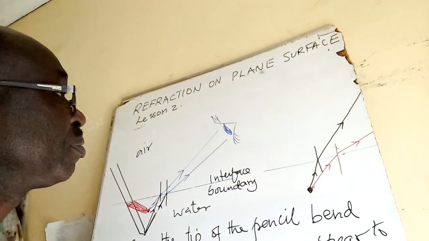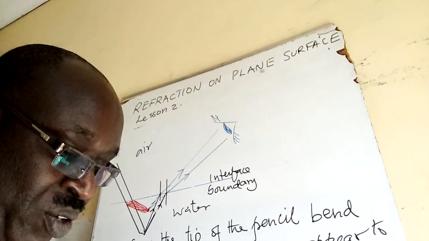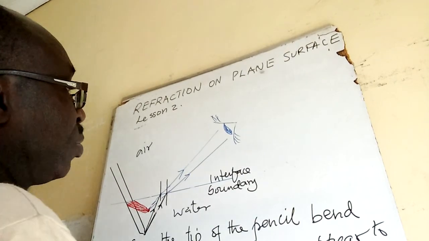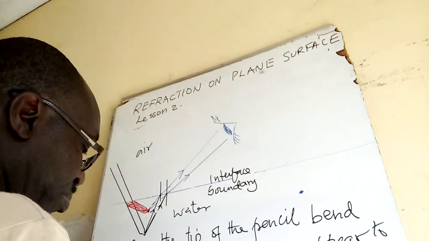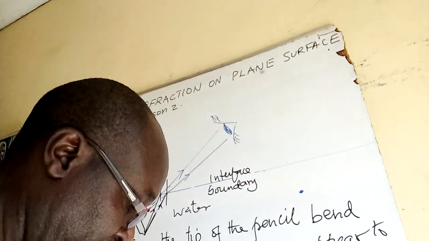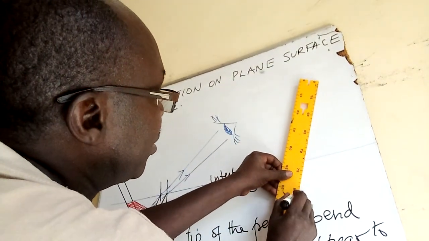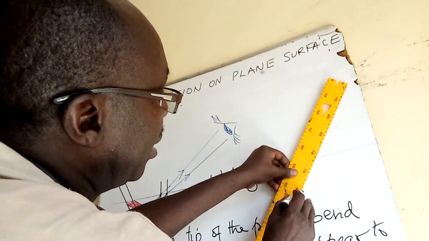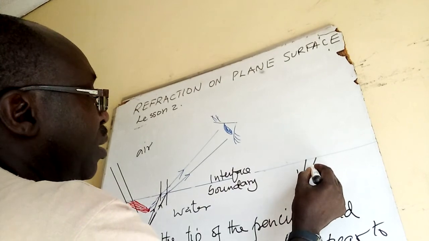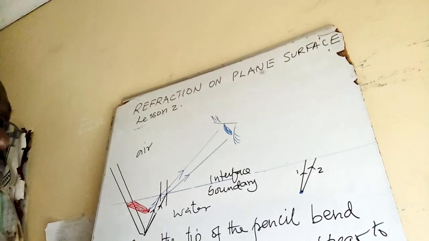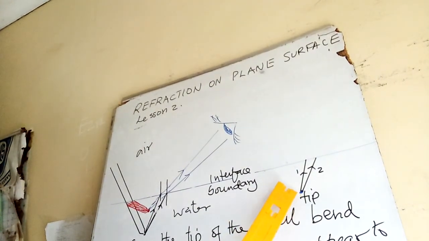So what we are saying, this is the direction of the eye. Focus a bit. I had not focused the camera. So we have, this is the boundary there. Then this is the tip. So that tip, I draw first ray 1, and I have another, ray 2. This is my tip.